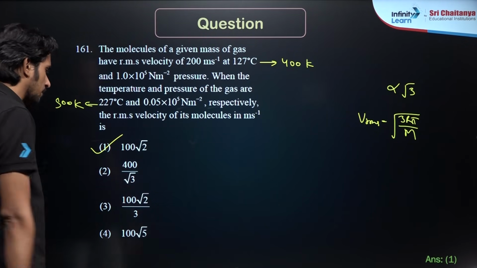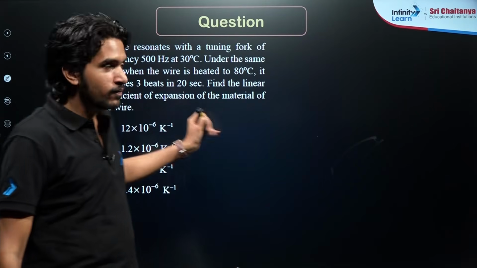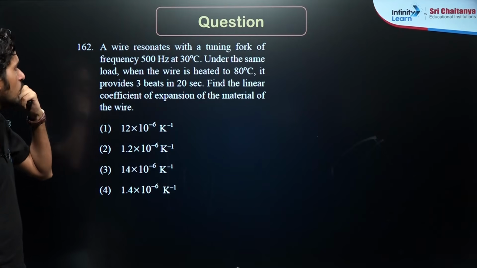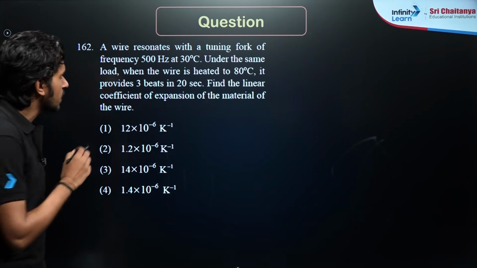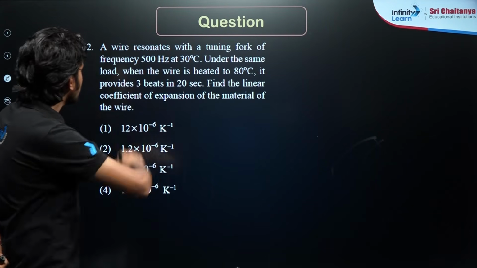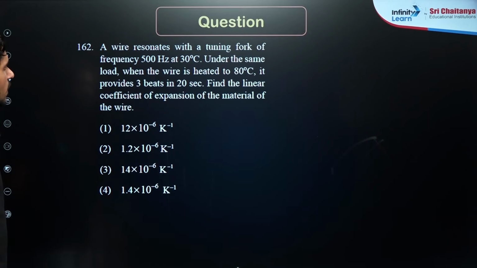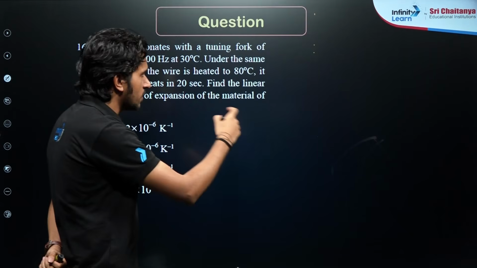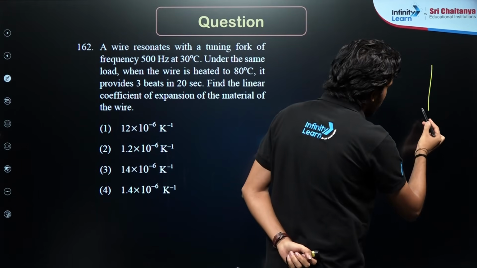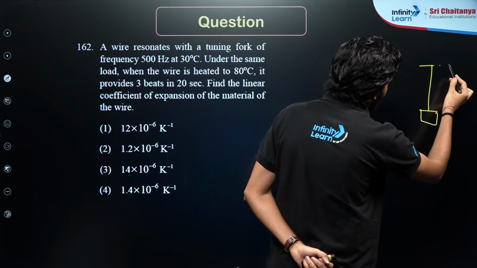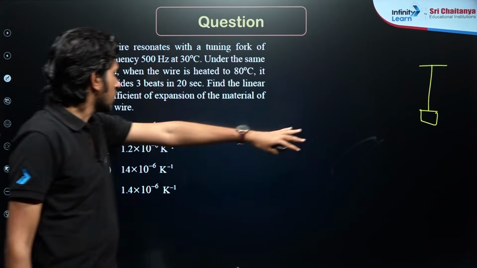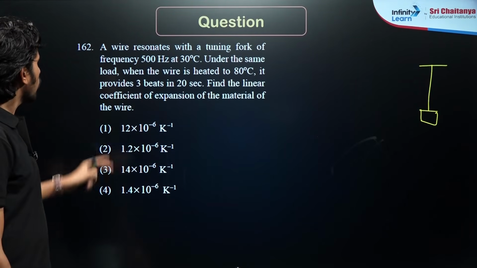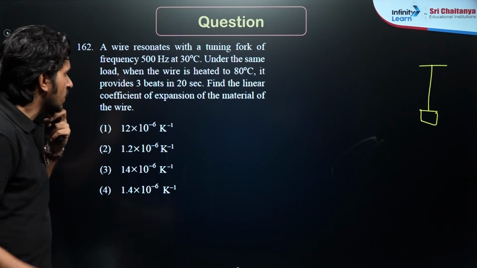Option A. So guys, in this problem we have a wire that resonates with a tuning fork of frequency 500 Hz at 30 degrees centigrade under the same load. When the wire is heated to 80 degrees centigrade, basically, let's say we had a wire like this, and now you are heating that wire from 30 to 80 degrees centigrade, it provides 3 beats in 20 seconds.